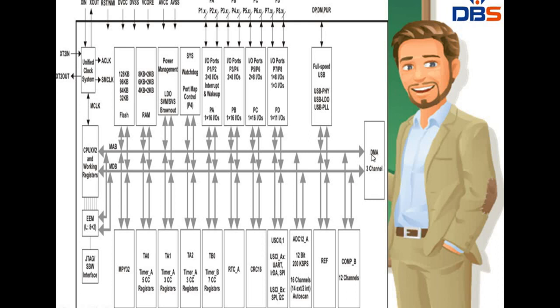That means if we are not using this DMA, we need to interface with the other devices, and we need to work for a long time. So by having this DMA, we reduce the time, which leads to low power consumption of a microcontroller.